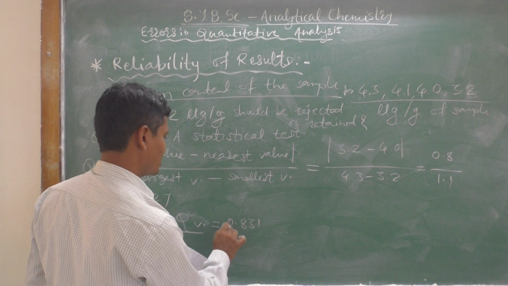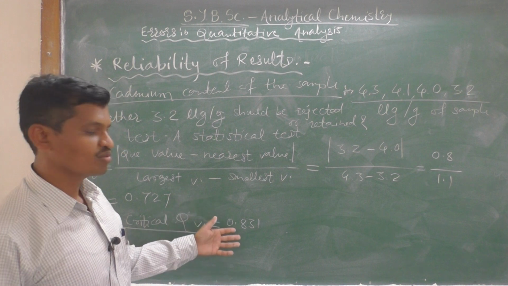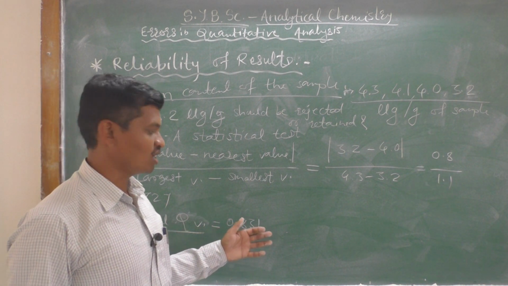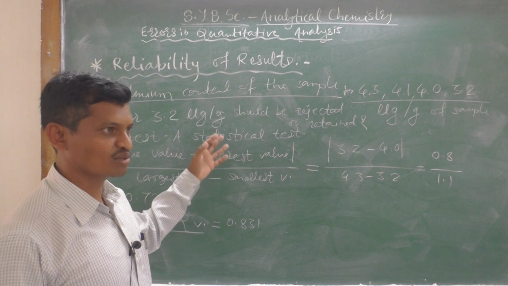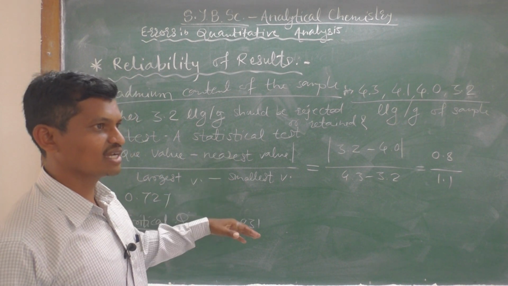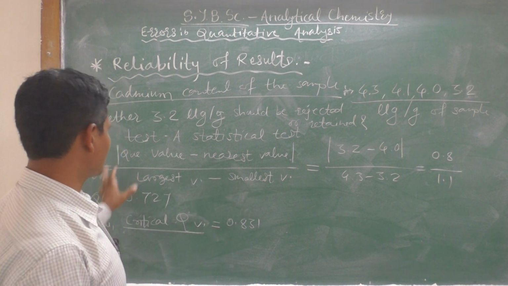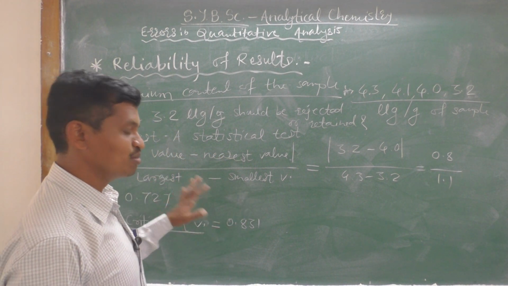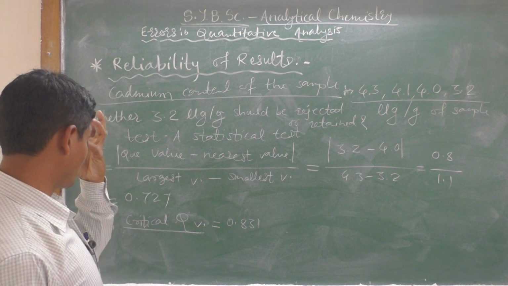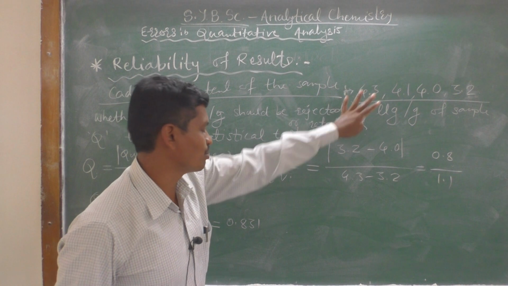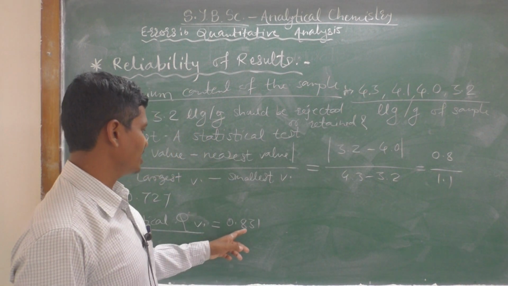Now how this figure 0.831 comes, I am also unaware of that, because this is totally related to statistics. This value is directly taken from that Q table. Don't go into detail, this is only for our simplification and understanding. So the critical Q value for these 4 samples is 0.831.